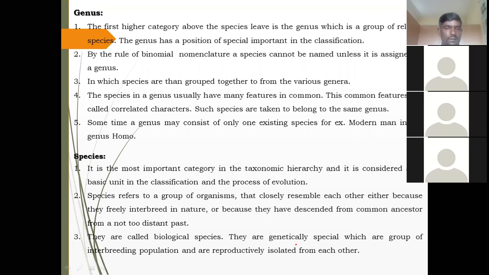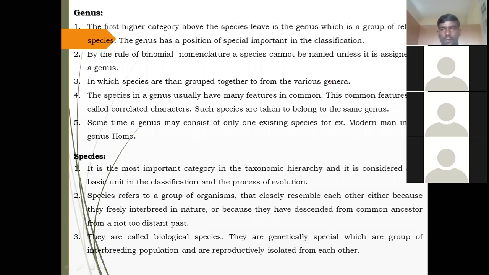Species refers to a group of organisms that are closely related and show a very important characteristic, that is, they freely interbreed in nature, or because of this nature they show a common ancestor.